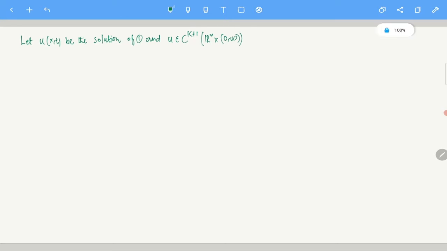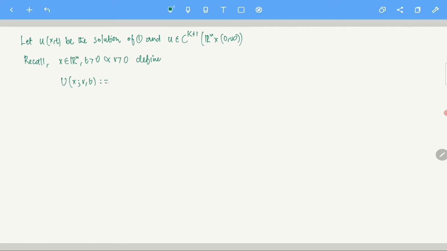Now what I am going to do is write down new functions. You remember we defined a capital U. Recall that for x in R^n, t positive and r positive, we define capital U of x, r, t.